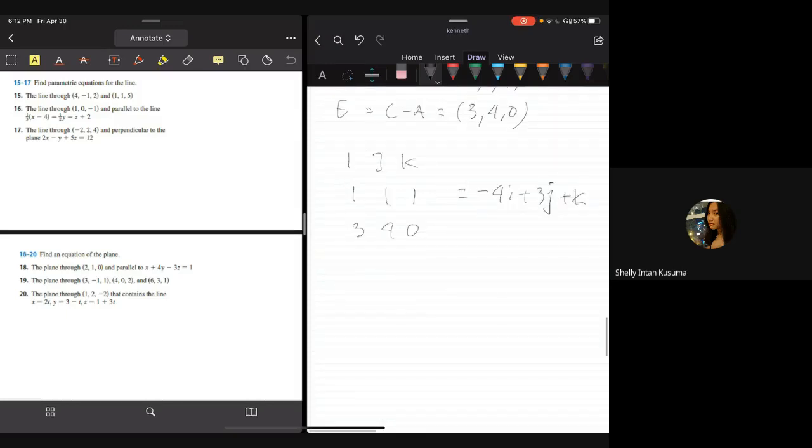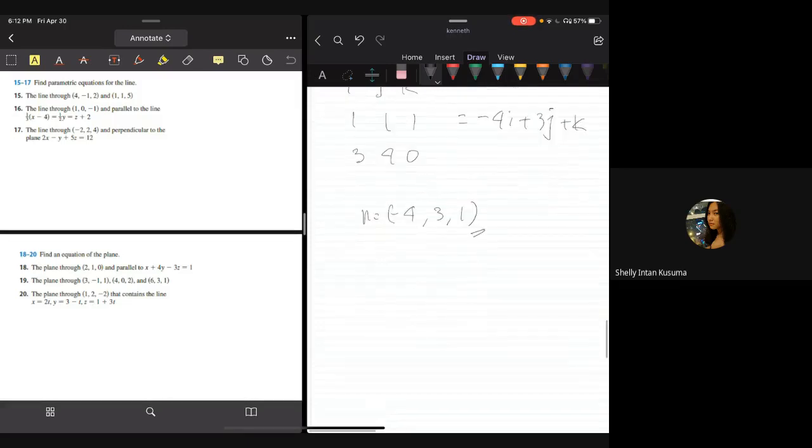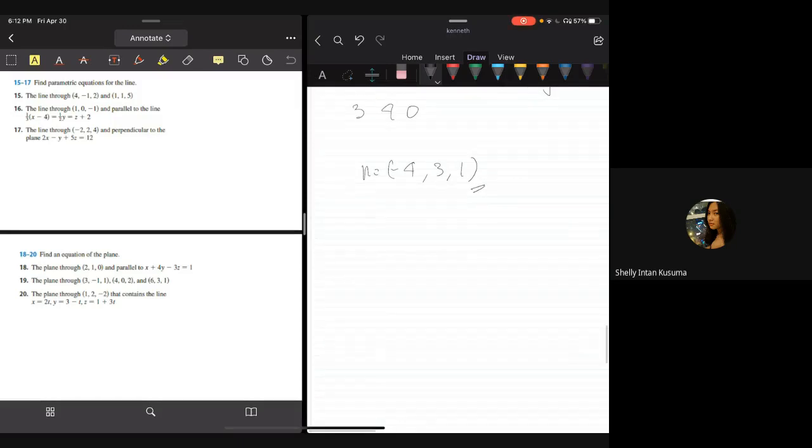Okay, so the normal vector is minus 4, 3, and 1. And we can just use the same equation for the plane.